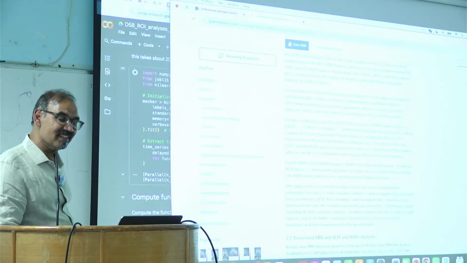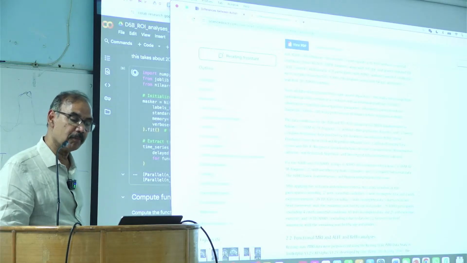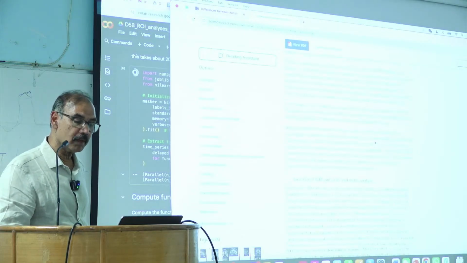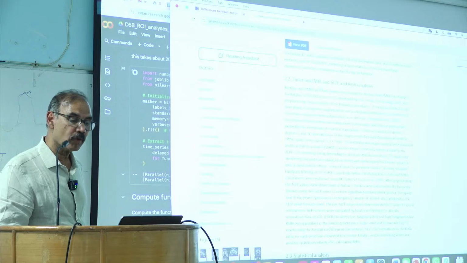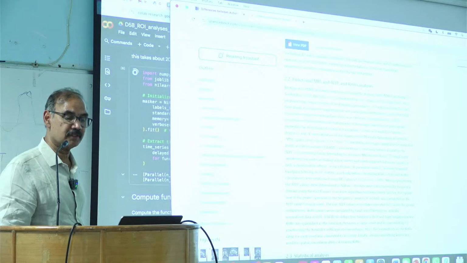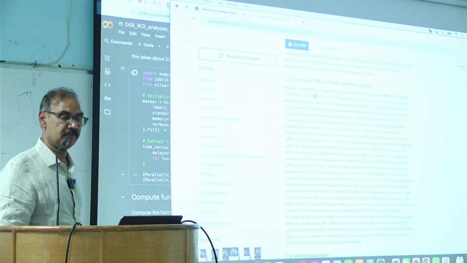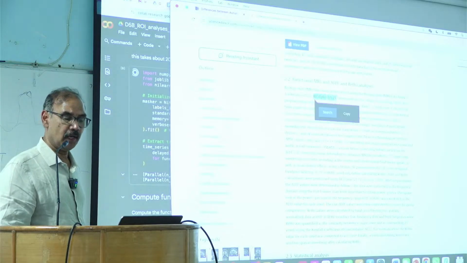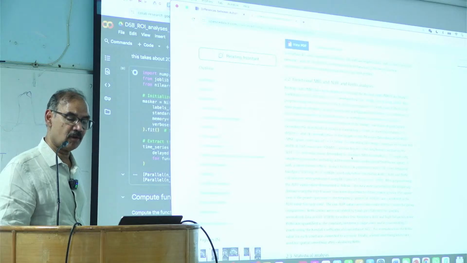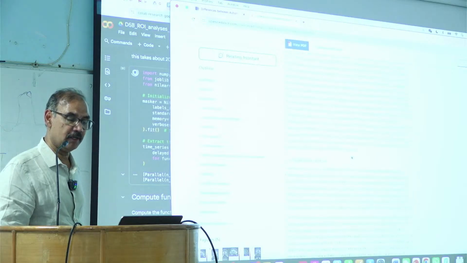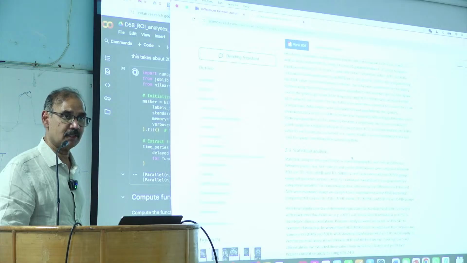Since all data were obtained from open access, and so on. Okay. What software did they use? So they use something called REST, right? So they have used REST. There is another software which exists called DPABI, right?